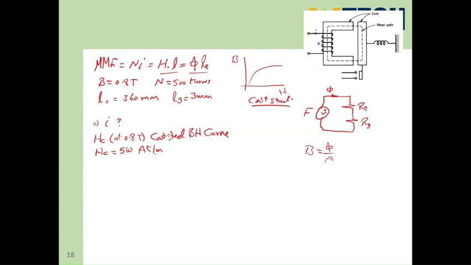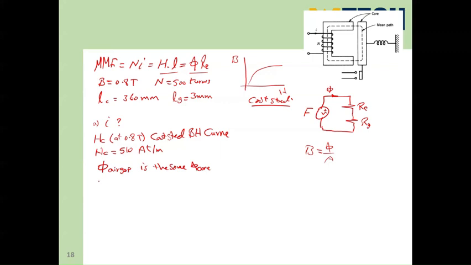Is it going to be the same as H in the air gap or not? We discussed before, guys, that phi in the air gap is the same as phi in the core.